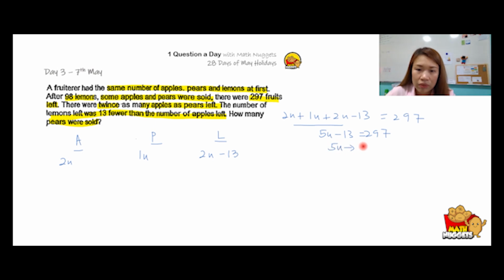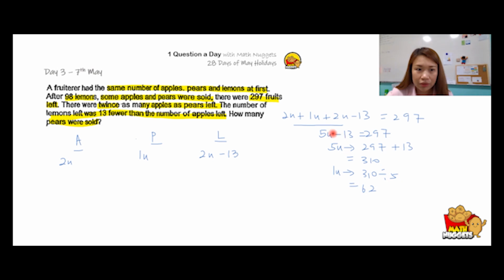So 5 units is 297 plus 13, which is 310. Then 1 unit is 310 divided by 5. That's 62. So 1 unit is 62.